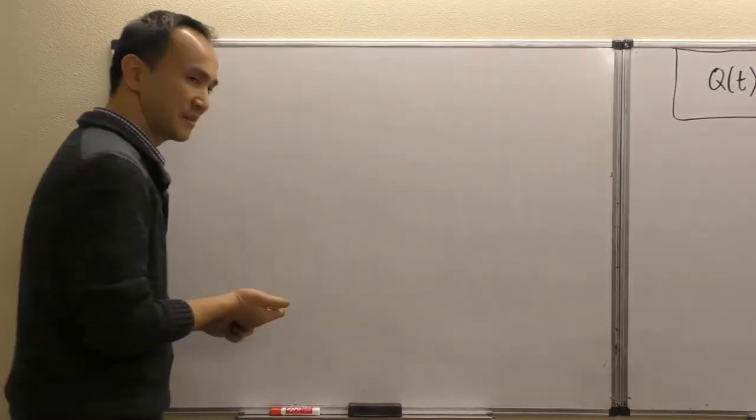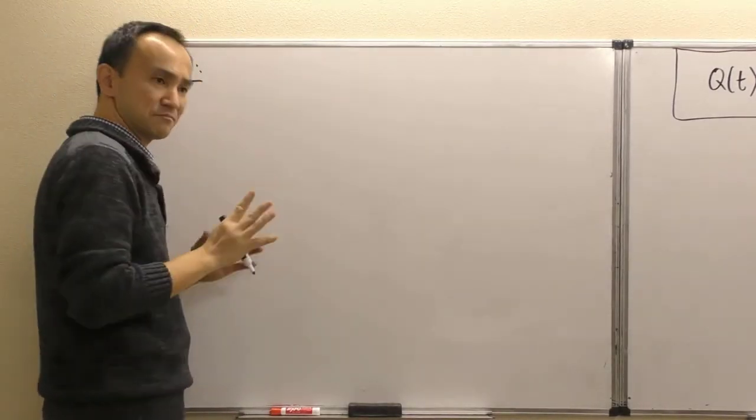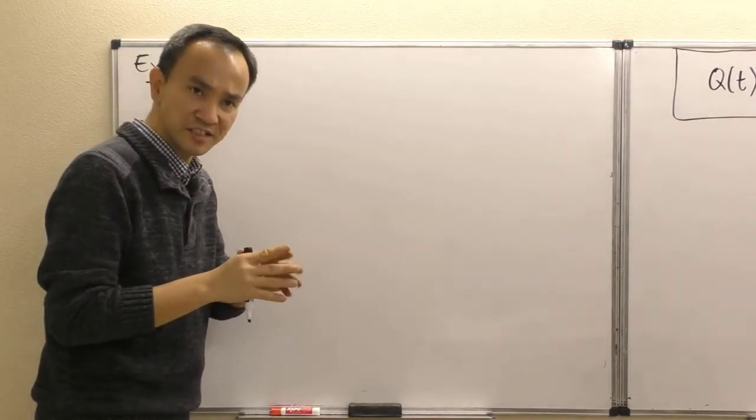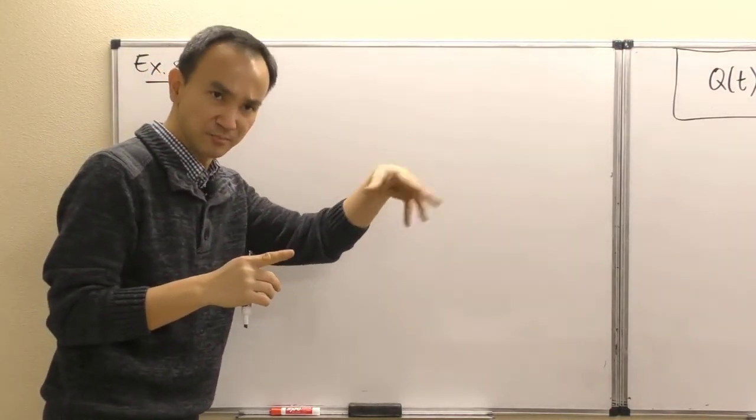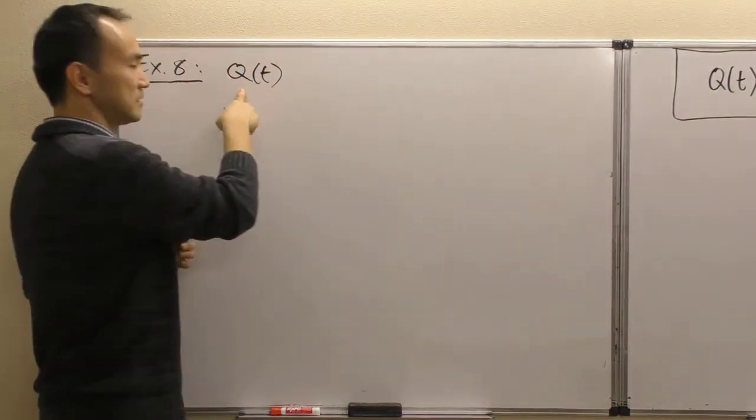So it says we want to find the amount of cesium-137 after some t years. Just like the other examples, I'm going to define my notation over here.